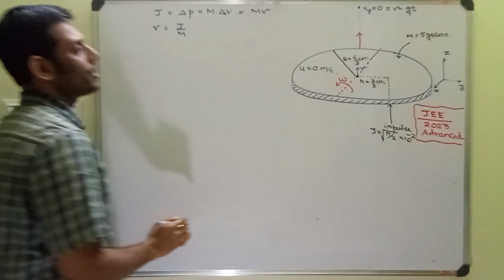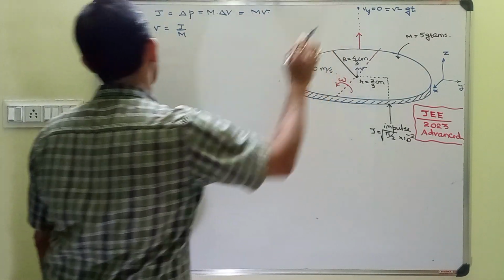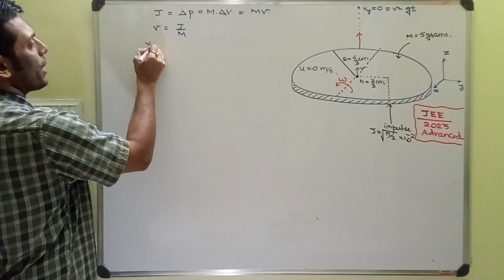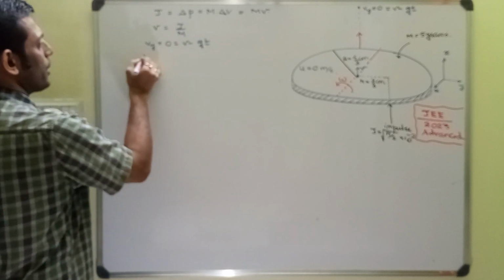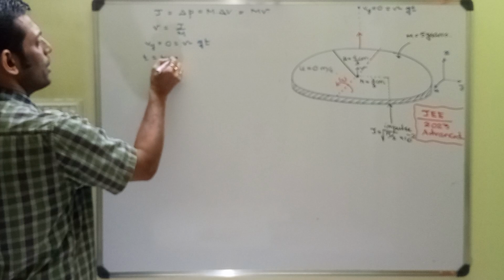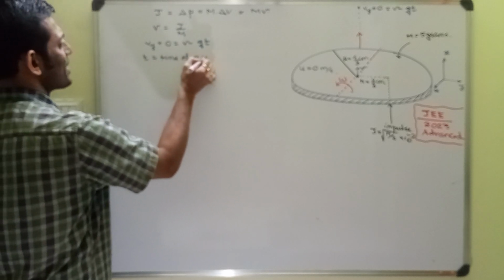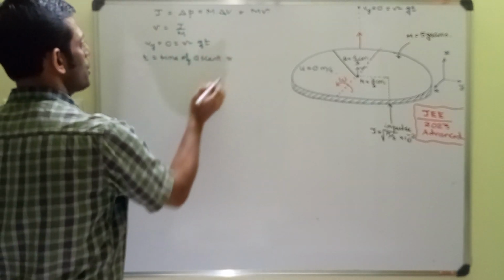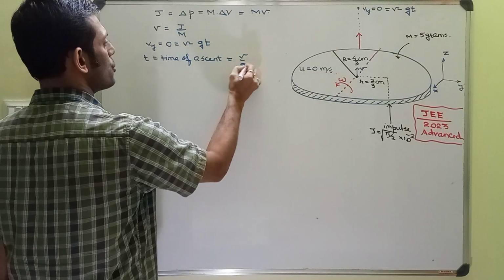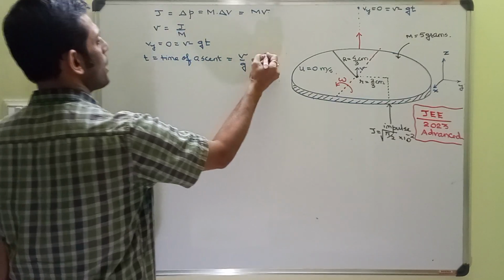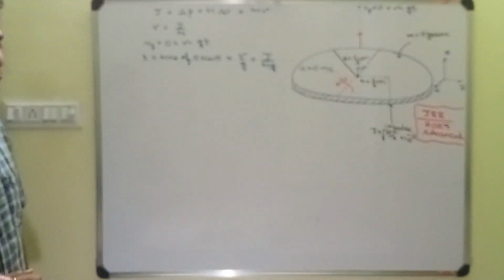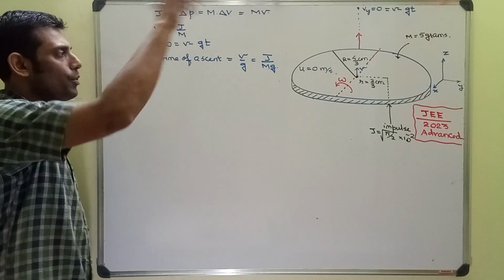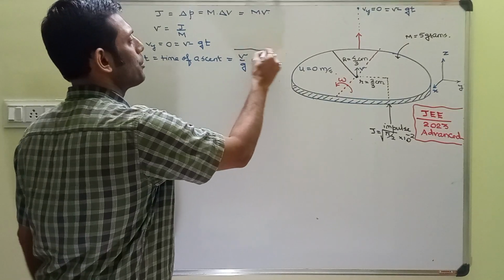The t is the time taken to move only up, and therefore Vy being equal to 0 can be written as V minus Gt, and T is equal to time of only ascent. Let us remember this is equal to V by G, and V is equal to J by M. Therefore, J by mg can be easily calculated. We will not calculate it right now. We will do it all at the end.